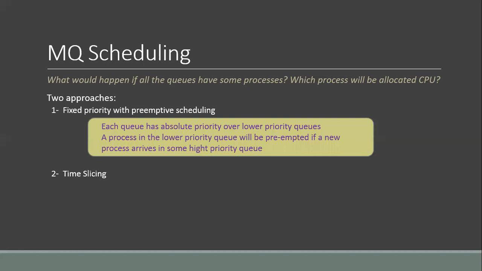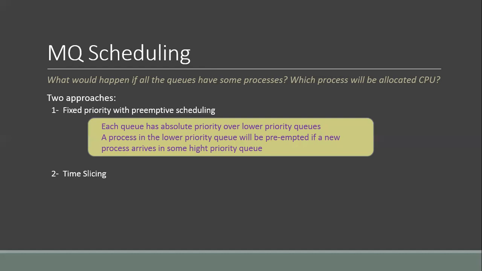For example, in this case we have two queues, the queue which contains foreground processes and the queue that has background processes. The queue which has foreground processes has fixed priority and it has the highest priority as compared to the queue that contains background processes.